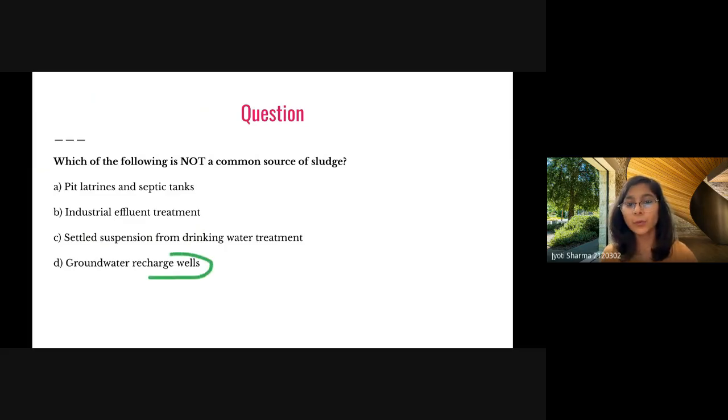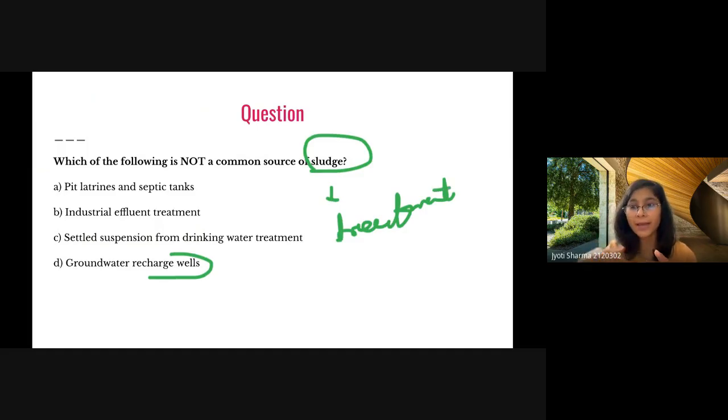As I told you, sludge is what we will get after some treatment processes, right? So for example, if you have groundwater and you are using RO, then in that RO you will also have some sludge, and you either have to replace the filter that you are using in your RO, or otherwise you have to clean it.